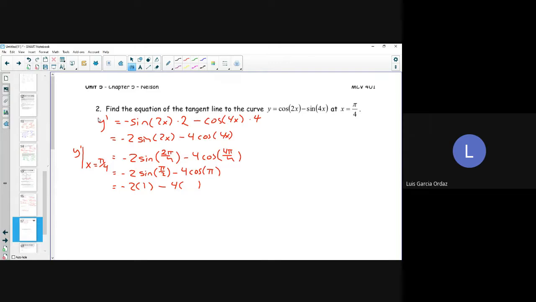One. And what does cosine of pi give me? Nope, not positive 1. Negative 1. Cos of pi gives me negative 1, which means I get negative 2 plus 4, which is equal to 2. So this is the slope of my tangent.